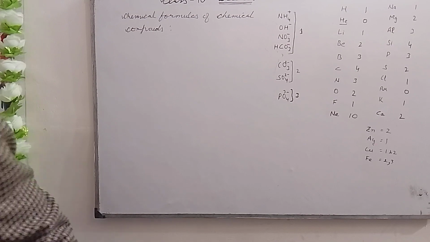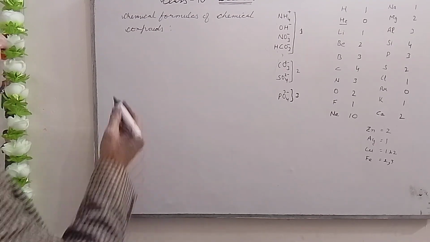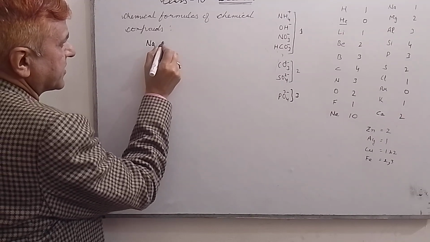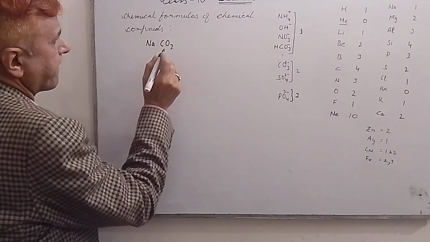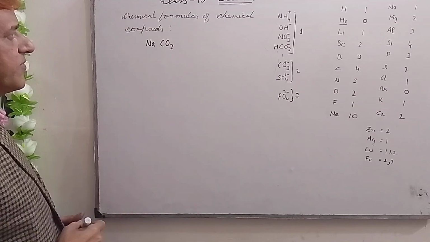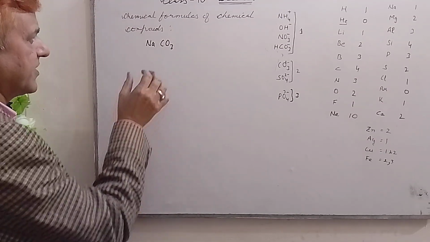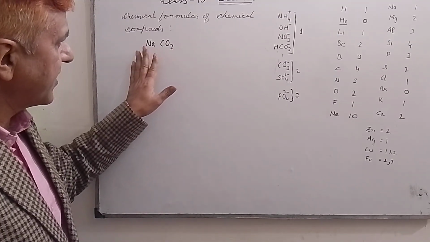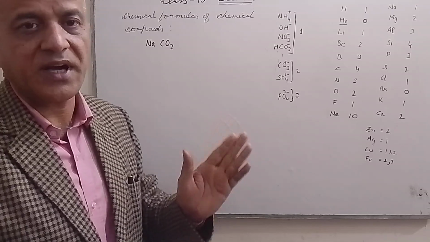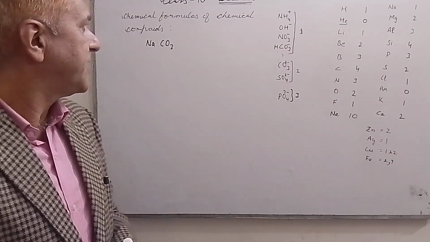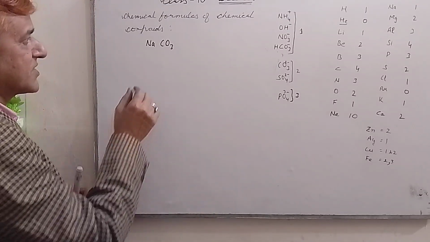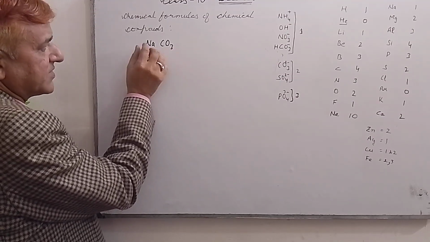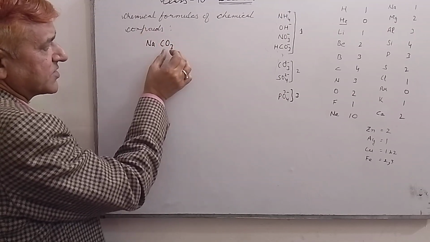So let's take sodium carbonate. As I told you in the previous video, while writing chemical formulas we exchange valencies. The valency of carbonate becomes the valency of sodium, and the valency of sodium becomes the valency of carbonate.